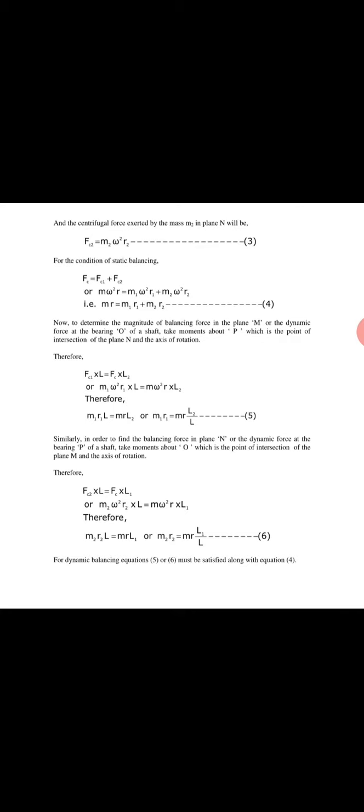Substituting the values, Fc is M omega square R, which equals M1 omega square R1 plus M2 omega square R2. Neglecting omega because it is common, as all three masses are on the same axis, we can cancel out omega. So we have MR equals M1 R1 plus M2 R2. This is equation number 4.